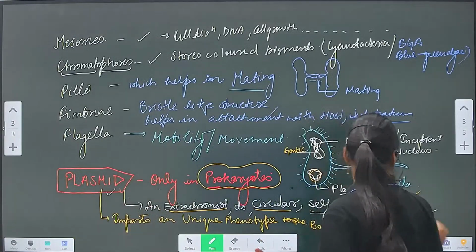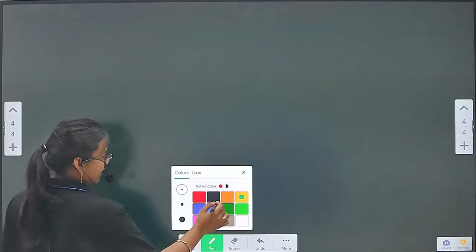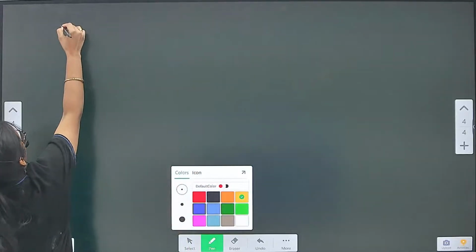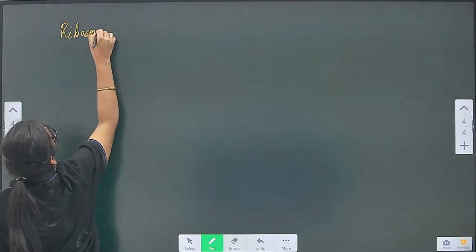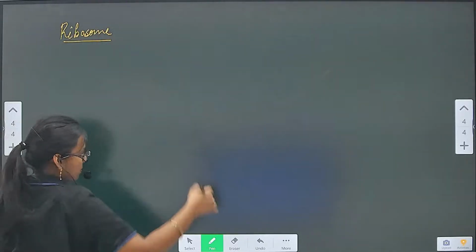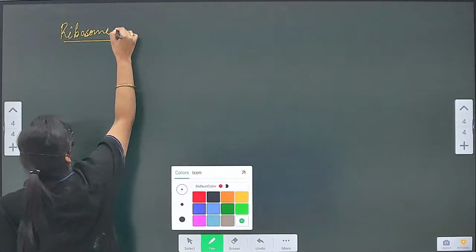Okay? Moving ahead, the next structure found in the prokaryote is the ribosome. And what is the function of the ribosome? As we know, the function of the ribosome is to synthesize protein.